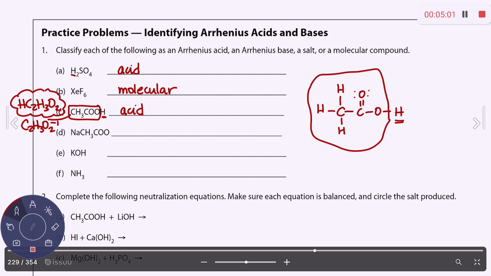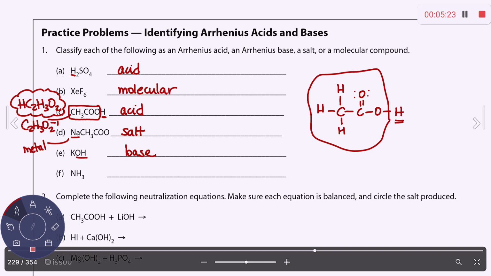Okay, how about D? Yeah, this is a salt, which is an ionic compound because ionic compounds contain a metal or the ammonium ion, and sodium is a metal. How about E? Base. Yeah, because it contains a hydroxide.